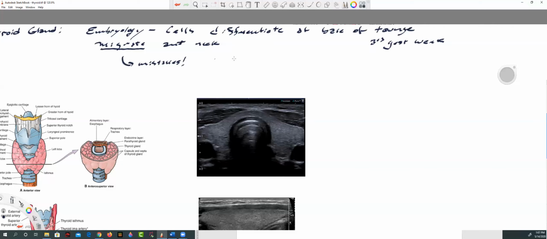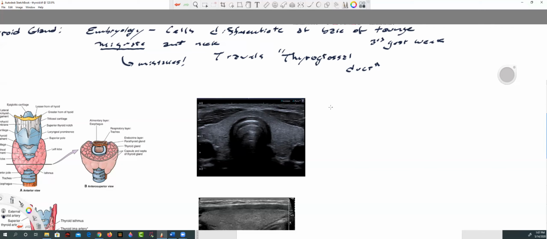It travels down the so-called thyroglossal duct. That's where we're going to find some issues. You and I shouldn't have a thyroglossal duct anymore.